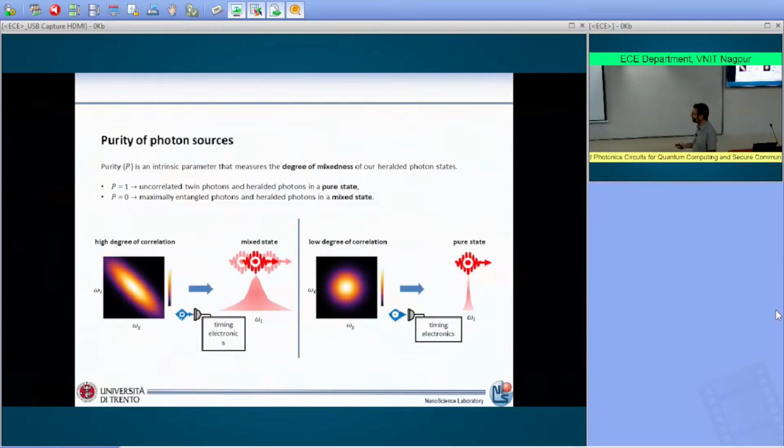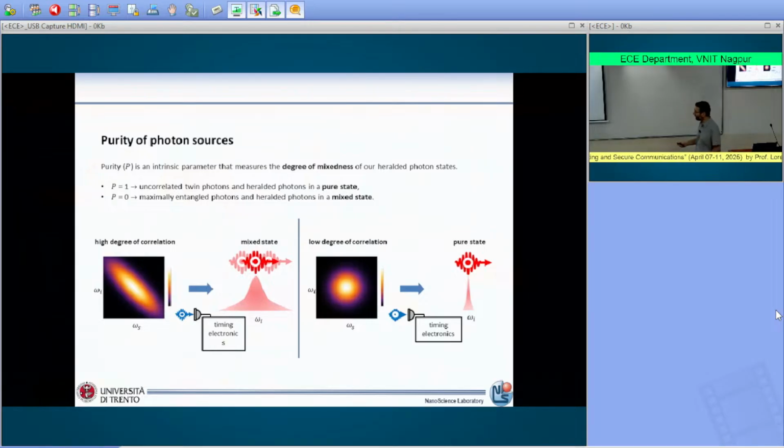If we consider this entangled photon state for a source of heralded photons, with a large degree of correlation, when measuring one of the two photons in the pair, the resulting single photon state is in a mixed state of many different photons. We are measuring the signal photons and the idler photon is spread over a wide frequency range.